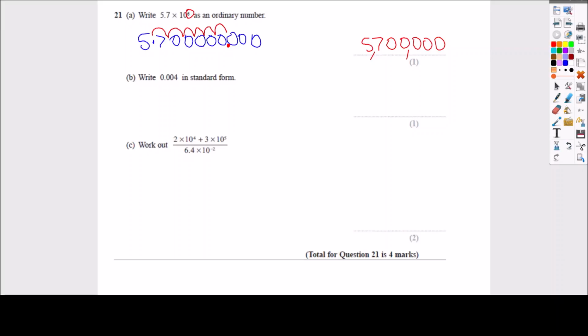Now for part B, we're going the other way. We're trying to convert it into standard form. Now it's a small number, so this is going to have a negative power. So it's going to be times 10 to the negative something. Now, when we've got a standard form number, the first number, as you can see up with part A, is always between 1 and 10. It was 5.7.